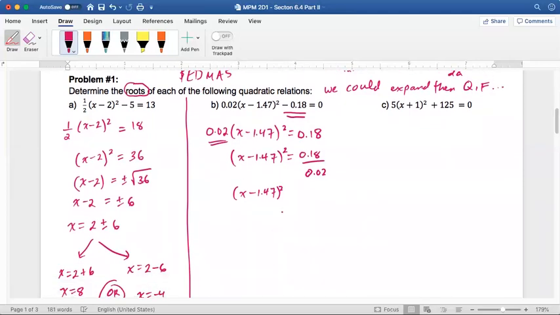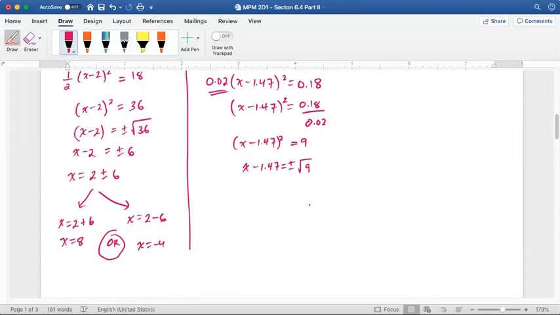I believe when we do 0.18 divided by 0.02, we get 9. So now at this point, we're going to square root both sides, and we're going to get plus or minus the square root of 9, which we all know is simply plus or minus 3, which gives us x is 1.47 plus or minus 3.